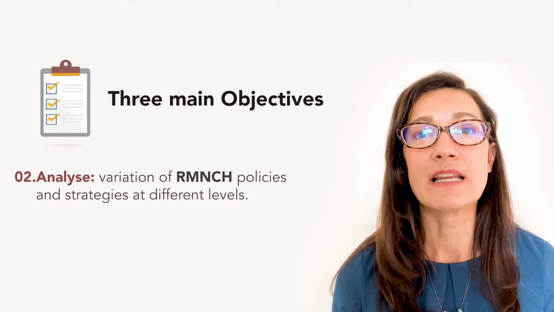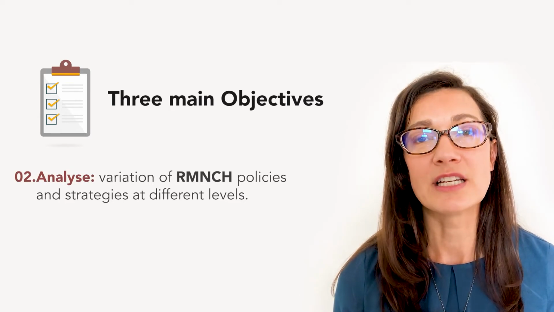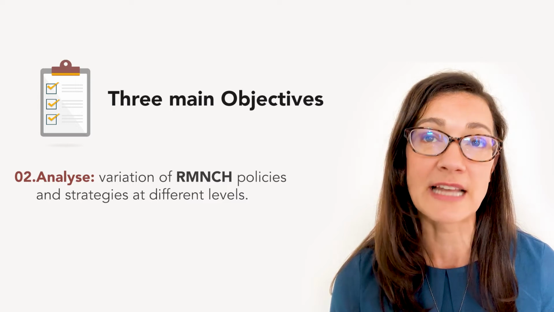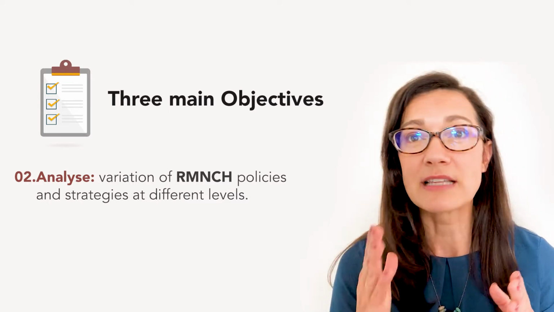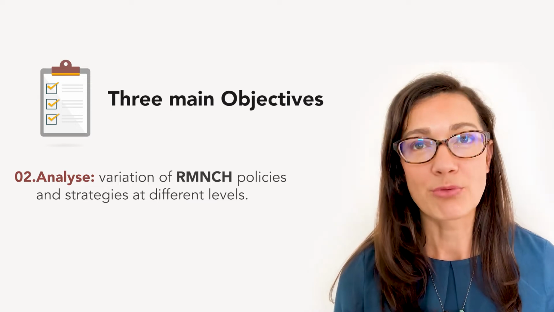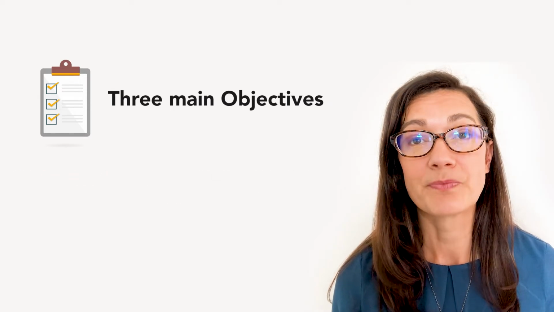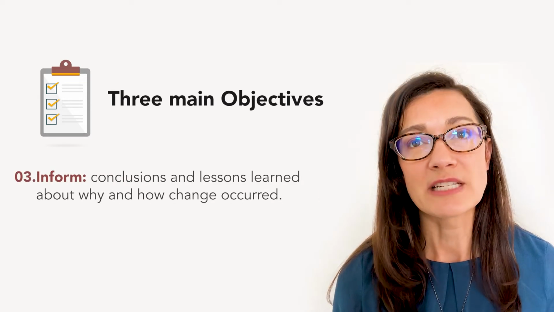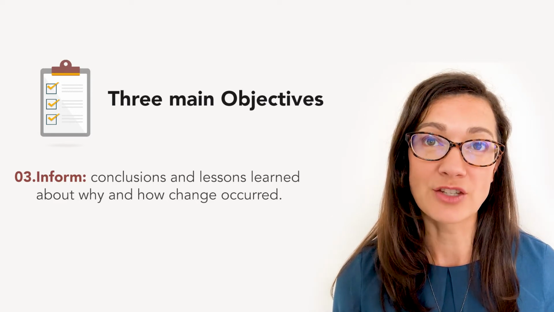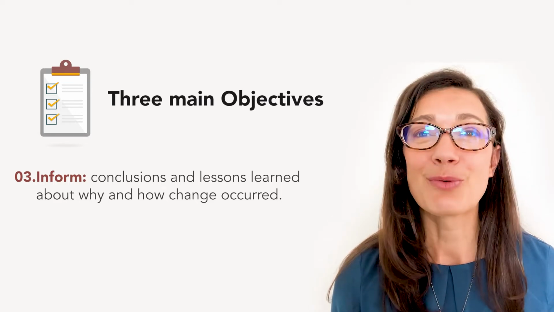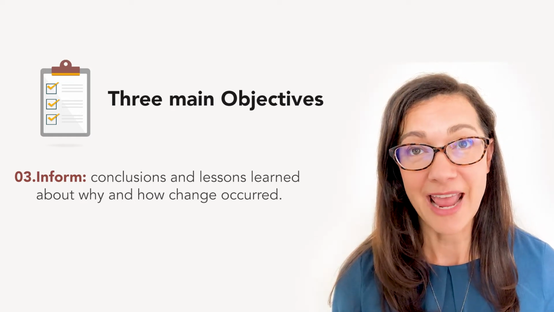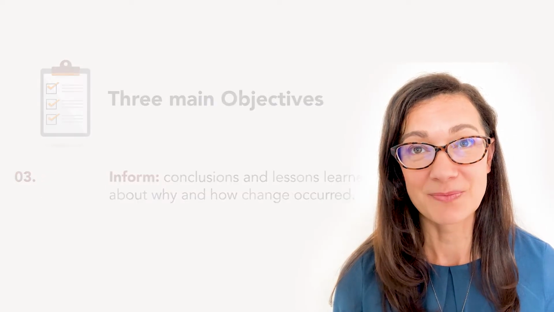The second reason to use this tool is to analyze and assess the variation of policies and strategies at different levels: national, subnational, facility, community, highlighting periods of policy and program intensity for an issue. The third reason is to use it to inform conclusions and lessons learned about why and how change occurred or didn't through the application of the tool, including through consultation process and stakeholder interviews.